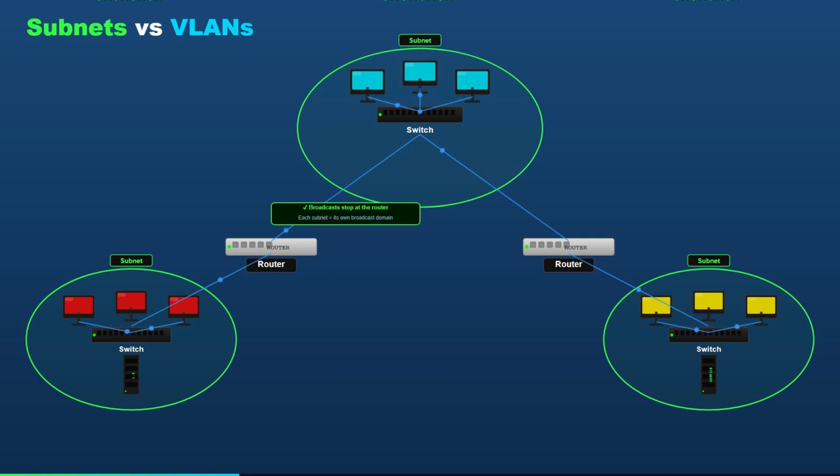Creating subnets will separate and physically break down this network into smaller networks. And they are broken down and separated by using routers. By doing this, this would alleviate the problem of excessive traffic because broadcasts do not go past routers. Broadcasts only stay within a network.